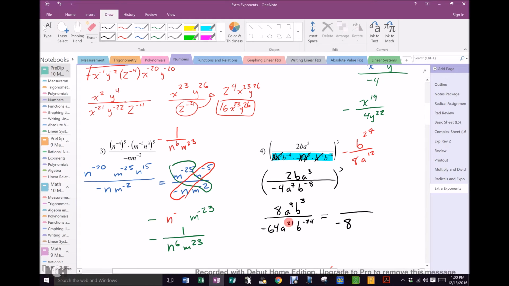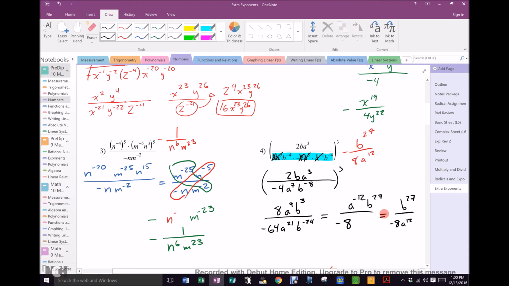What math am I doing there? Subtraction. What's 9 minus 21? A to the negative 12. And 3 minus 24. B to the negative 21. What's not allowed there? That negative, so it has to move. A to the 12th, B to the 27. That negative can be there or it can be in the middle.